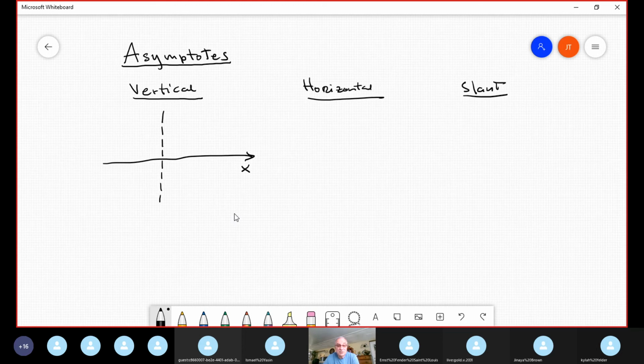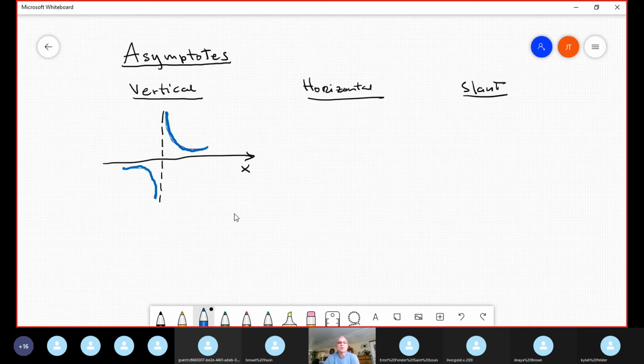And suppose there are different possibilities. Suppose the function approaches but never touches. Suppose this is one possibility. There are several possibilities, guys. This is my function. Approaches but never touches.